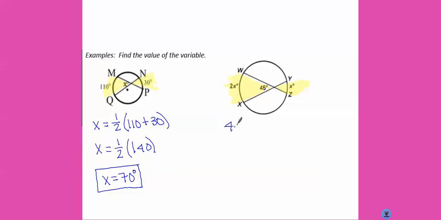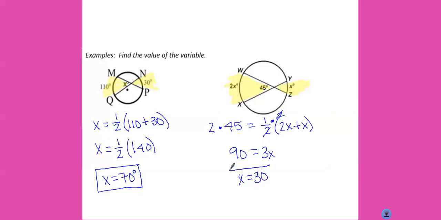So we know that 45 must equal half of 2x plus x. Multiply by 2 to get rid of our fraction there. Multiply by 2, we get 90 equals 2x plus x, which would be 3x. Divide both sides by 3, and we get that x is equal to 30.